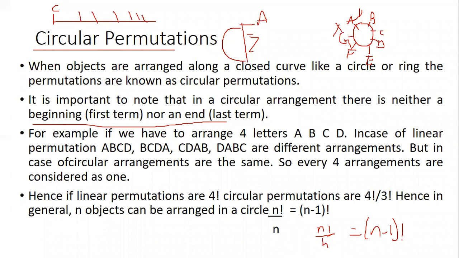If questions talk about sitting at a circular dining table, or 5 friends sitting in a ring and playing musical chair, there is a loop happening there. That is why in those cases you can use this formula. Understood circular permutation?